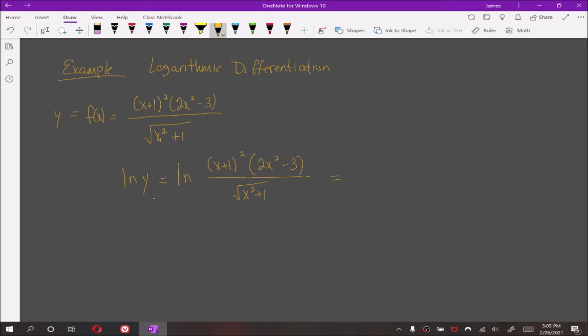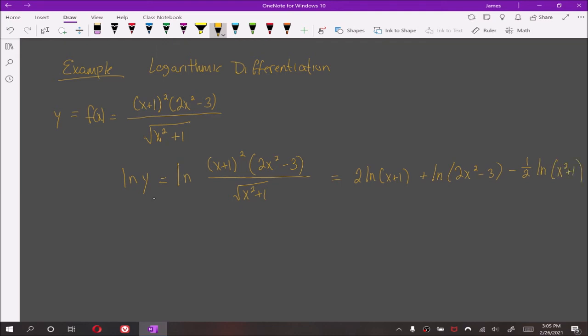But that can simplify using laws of logarithms to 2 natural log of (x plus 1) plus the natural log of (2x squared minus 3) minus a half natural log of (x squared plus 1).